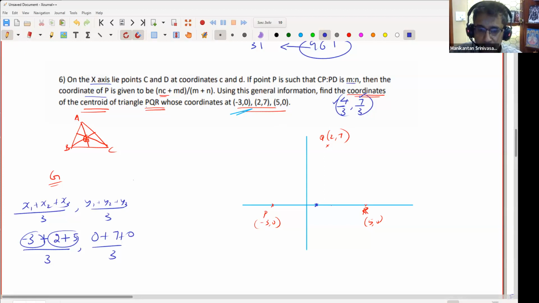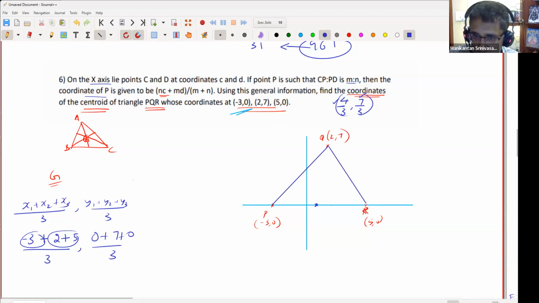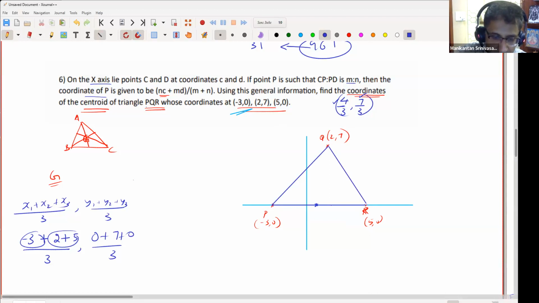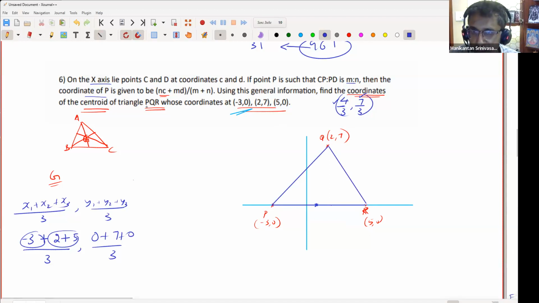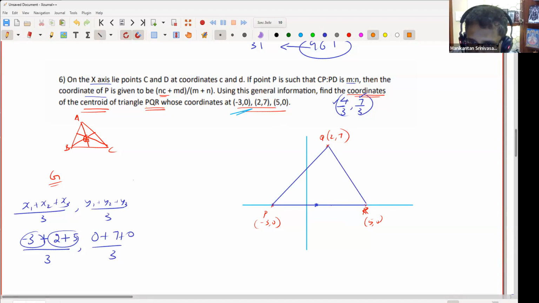So let's first draw the triangle PQR. So this is P, this is Q, this is R. And the median is exactly dividing this into two equal halves. So this is the median, and this and this are equal. So the coordinates of the point, let's call this S, are fairly easy.